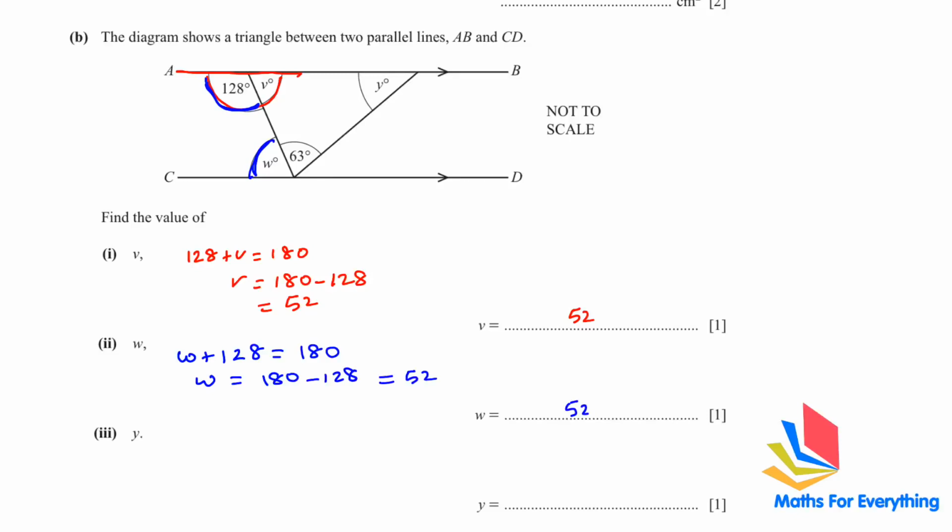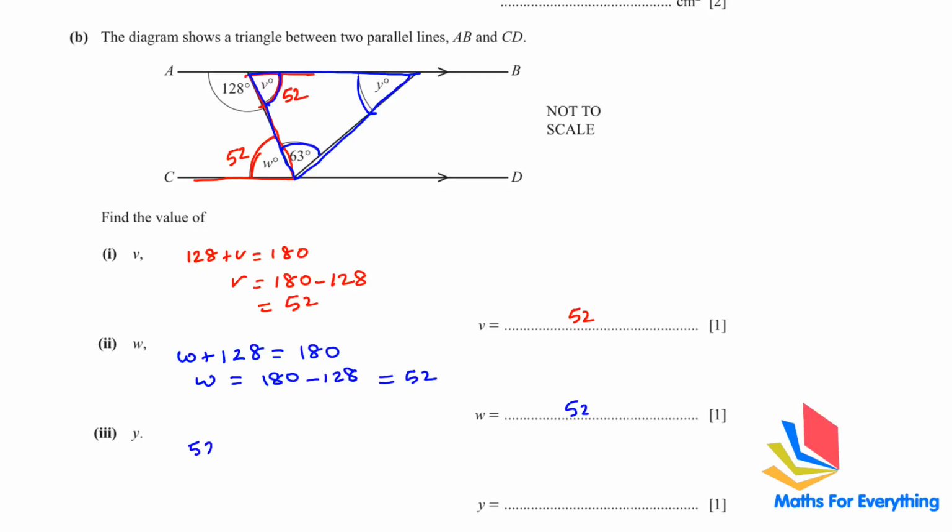The other way to look at this part of the question is, we have found V, correct? It's 52. So W will be 52 also, because alternate interior angles are equal to each other. This is making a Z. Whenever it makes a Z, that's alternate interior angles. Now we have to find Y. Y is part of this triangle here, and the angle sum property of a triangle states that if you have three angles, the sum of it is equal to 180.